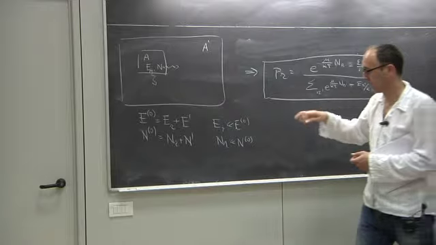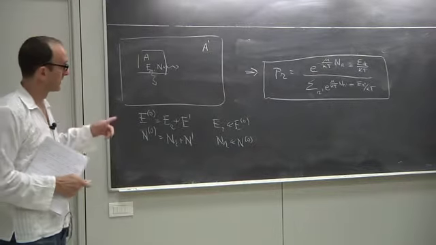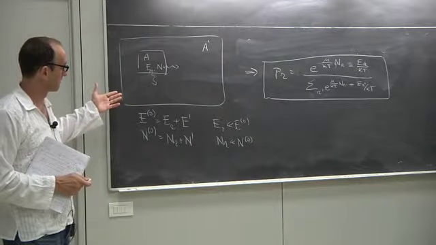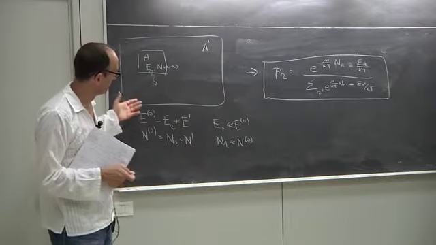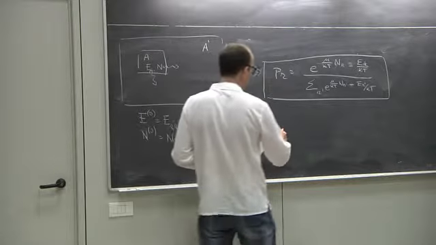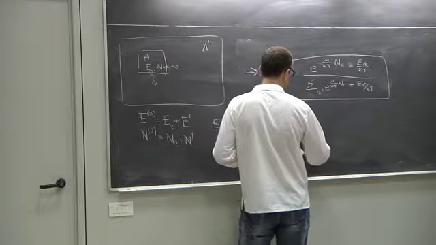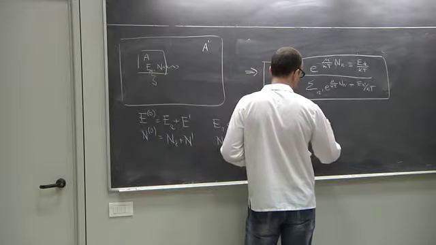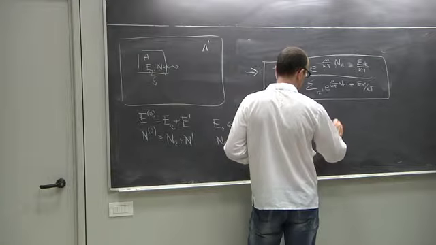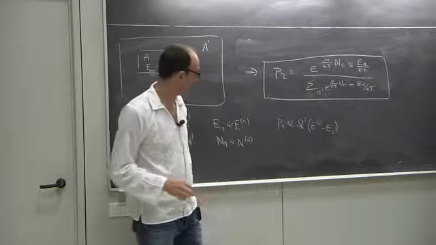So in particular, again, if you say that the probability is proportional, as we have said, to omega prime of E0 minus ER, let me forget about n.